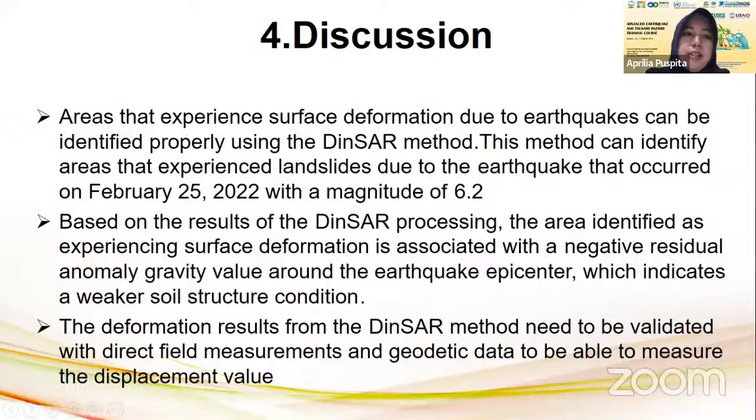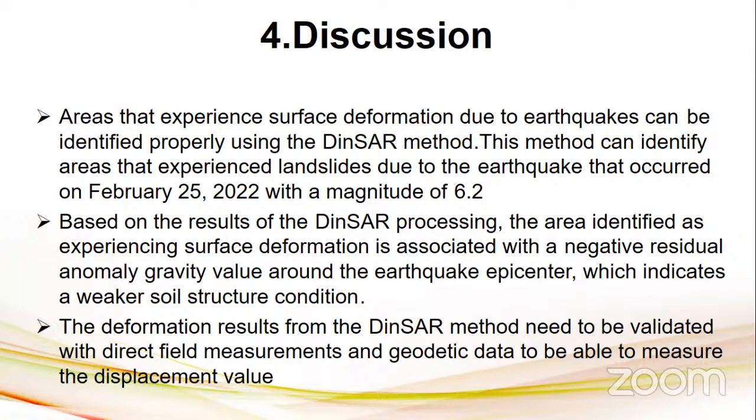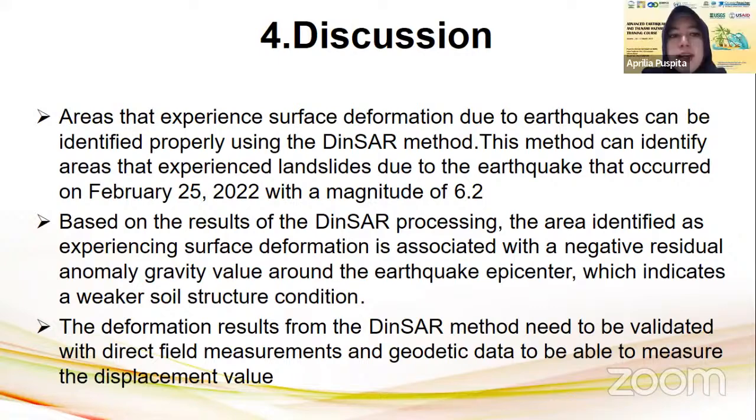And for the discussion, the area that experiences surface deformation due to the earthquake can be identified properly using the DInSAR method. The method can identify areas that experienced landslides due to the earthquake that occurred on 25 February.